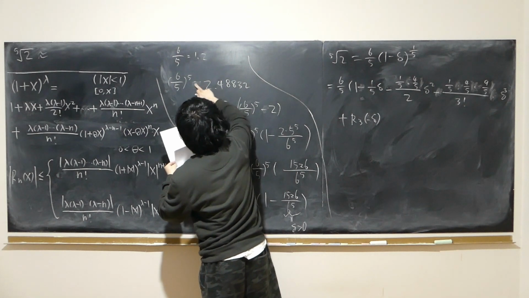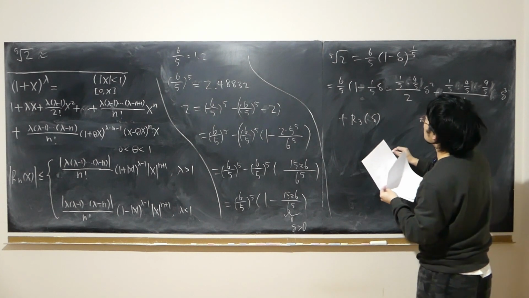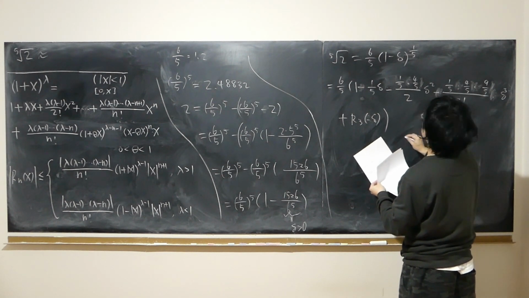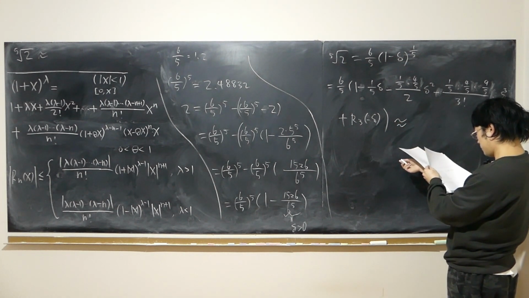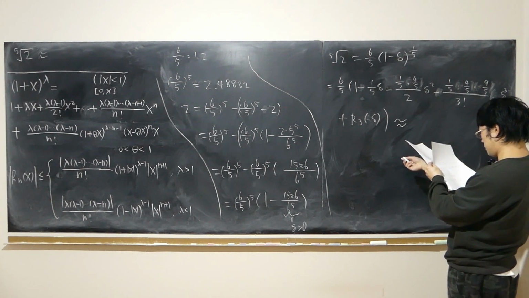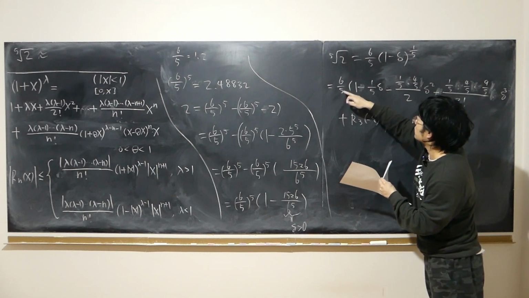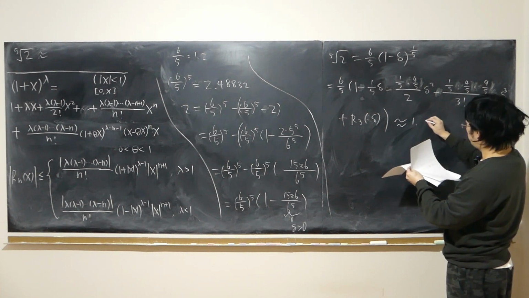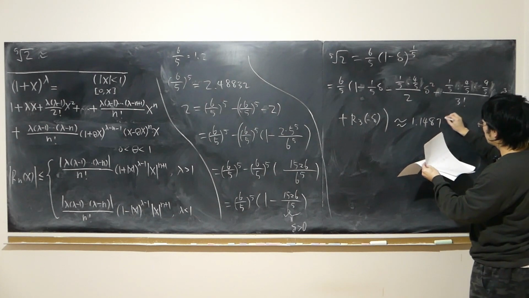So this is very close to 2. Now this result, including the multiplication, including multiplied by this fraction, in the end, overall it's 1.1487686.